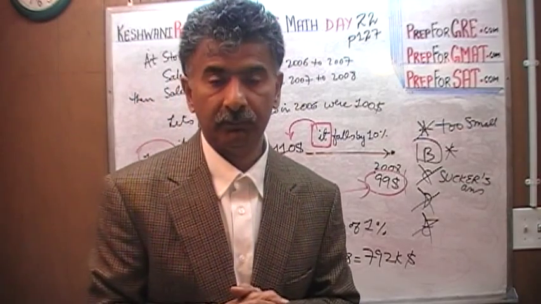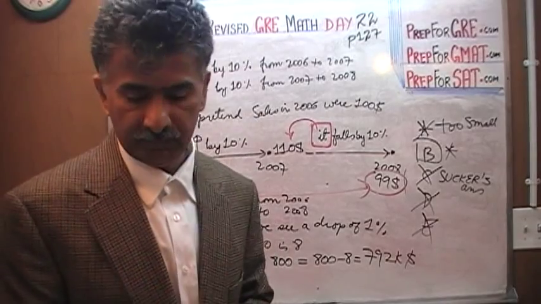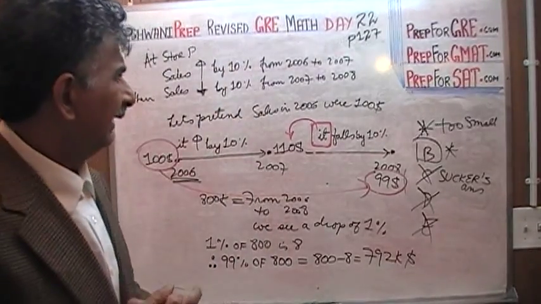Therefore 1% of 800 would be 8 times the amount. I'm explaining too much. That's it, we're done.